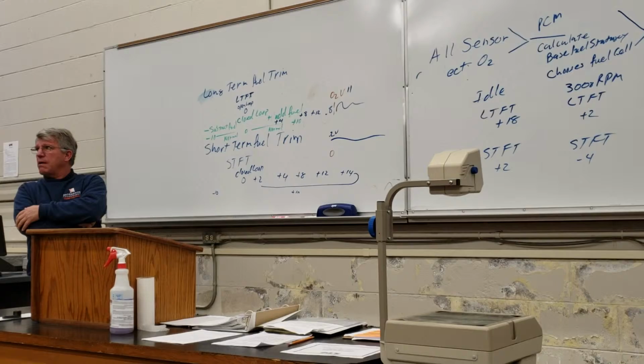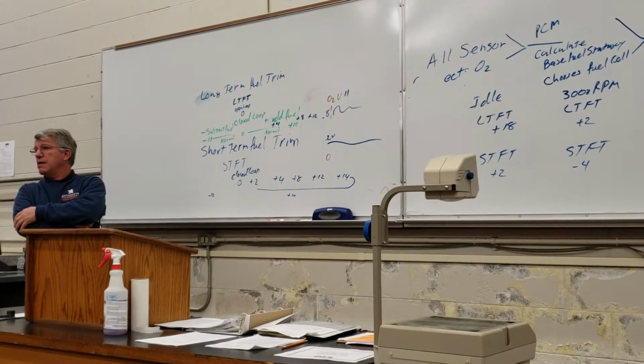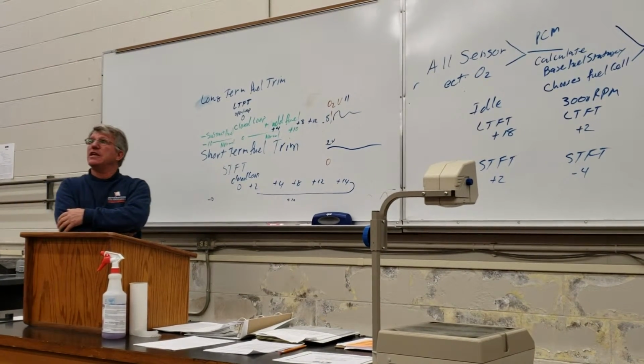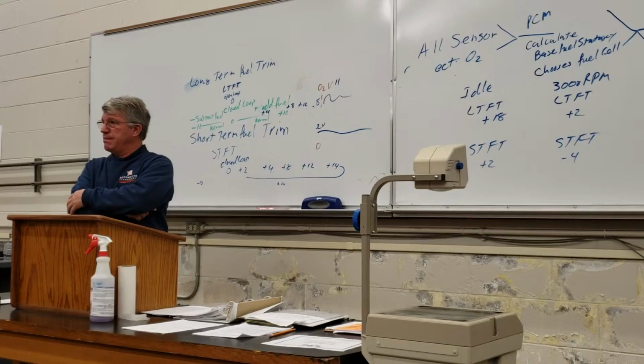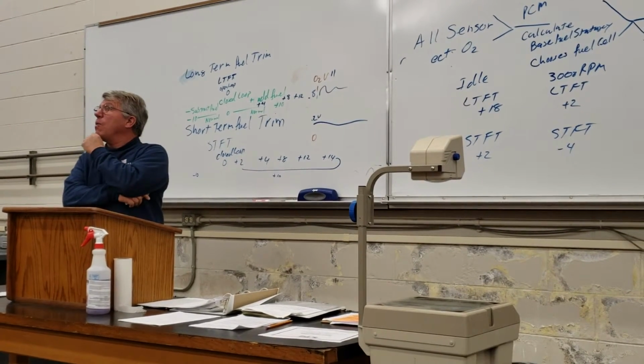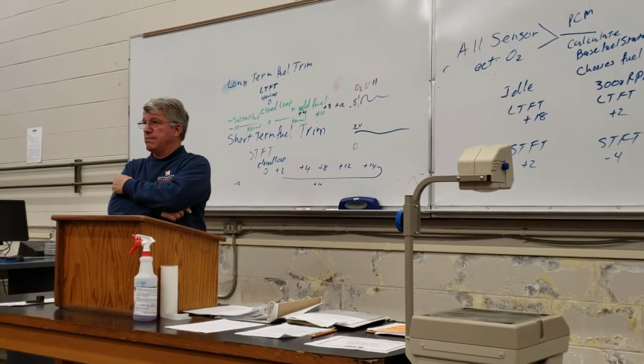But idle's bad. What does that tell me? And is it bad, rich, or lean at idle? Lean. Exactly. What causes me to be lean at idle but not at 3,000 RPMs?